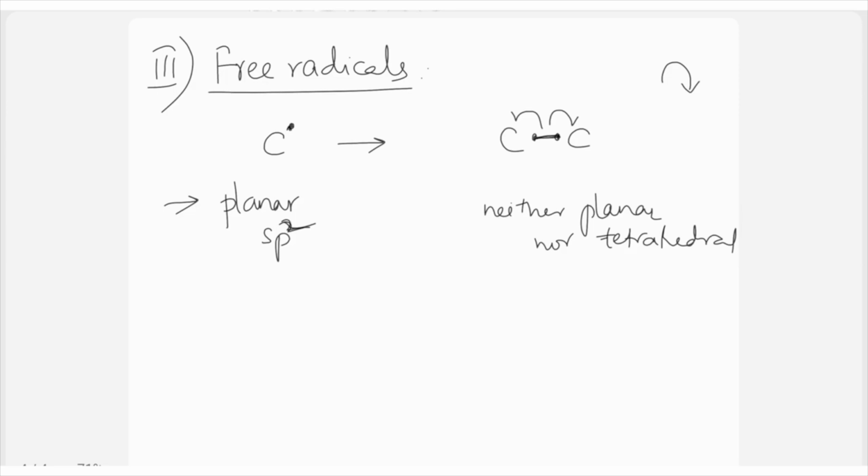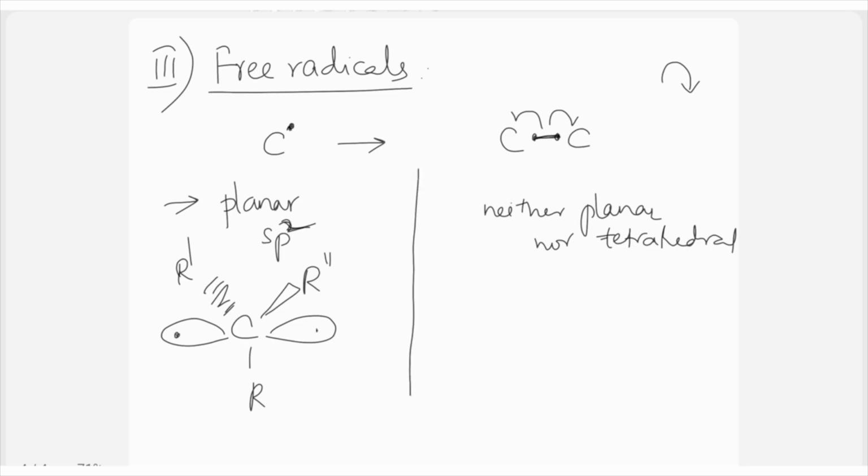I'll show the orbital structure also. So the planar form is going to be this way, with R, R, R, three different alkyl groups, and there's an orbital with the odd electron. This is the planar form of a free radical.